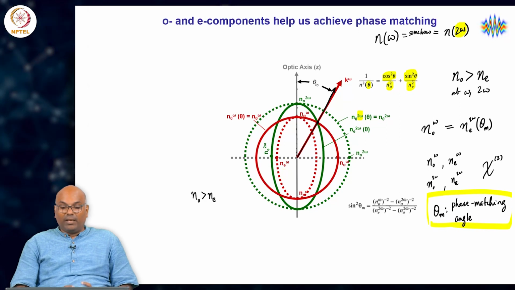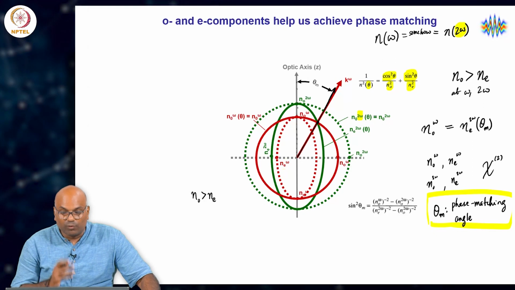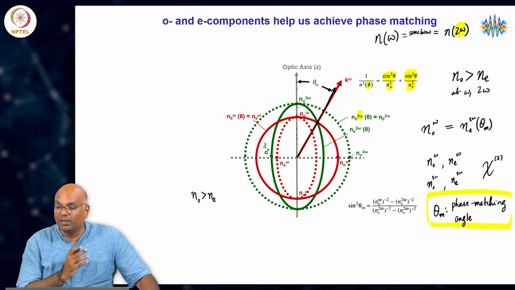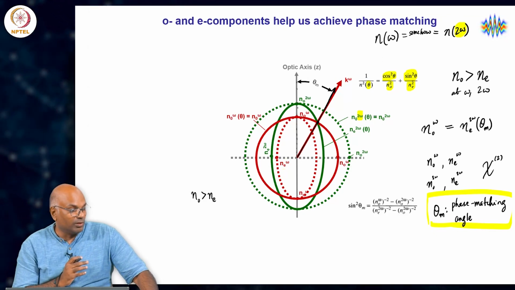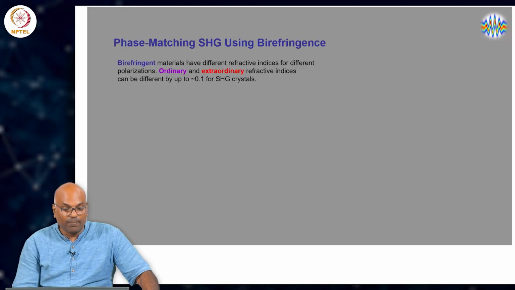Okay, it is a special angle determined by the optical parameters of the medium. So, phase matching is indeed possible and realizable in uniaxial media exploiting the birefringence that is offered by nature. Okay.